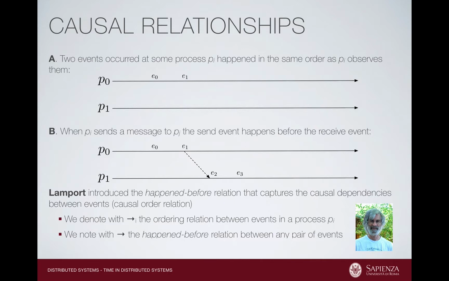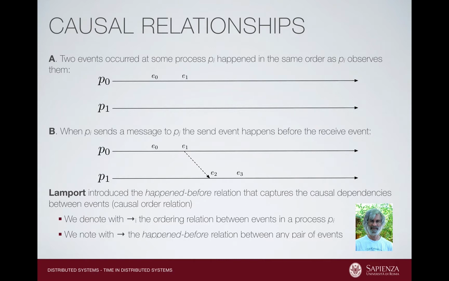The idea of this causal relationship is given by two simple rules. The first rule is that if two events occur at some process, for example two send events, then the order in which the process sees the events is the same order in which the events happened. This is a local event that happened in a process. Remember, they can be send events or receive events.